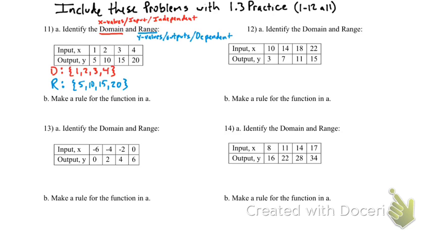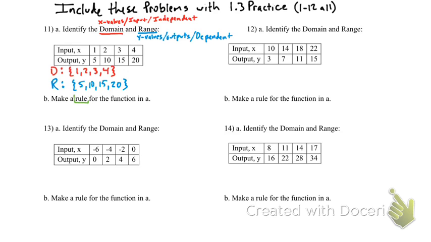All right? So we have to make a rule that represents this function. And what a rule is just a different way of saying something you've been dealing with ever since you had algebra, okay?